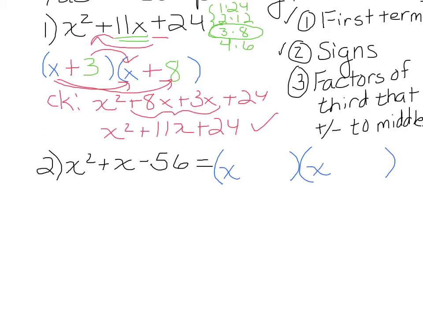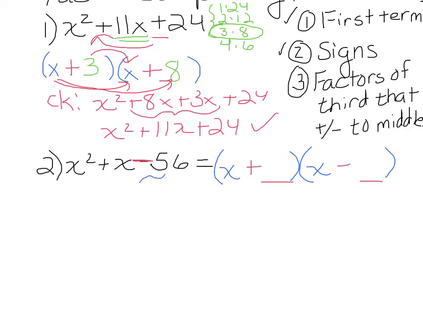What do our signs need to be? Now in this one, our last term is negative, and in order to multiply our last terms together to get a negative number, one of our binomials has to be a sum and the other one a difference. So there's our signs.